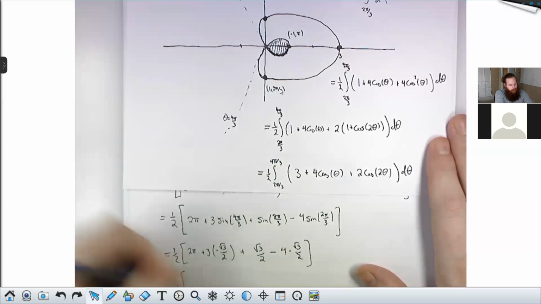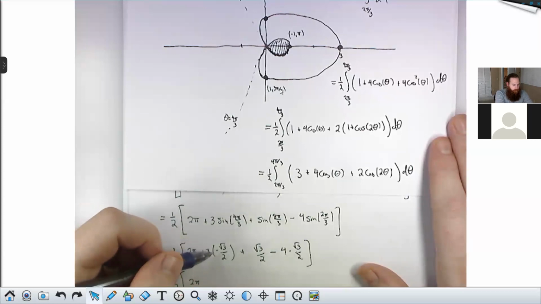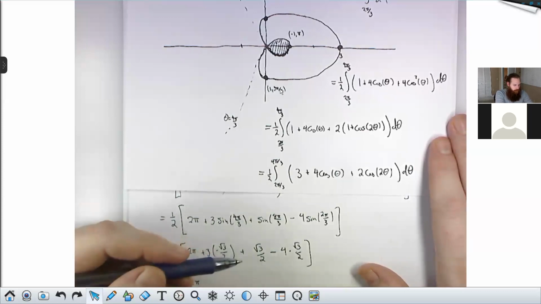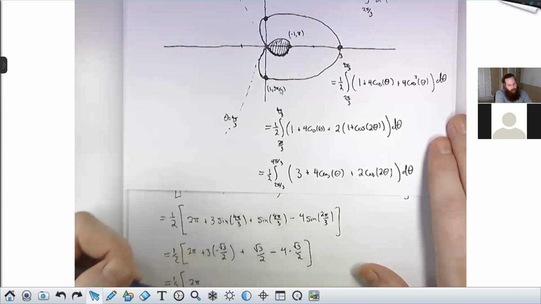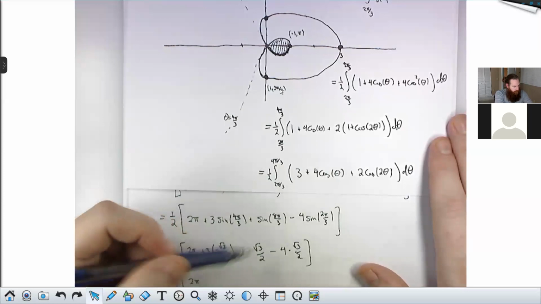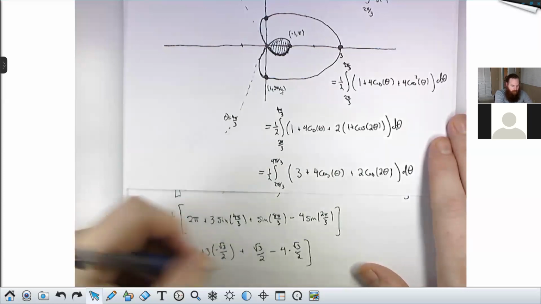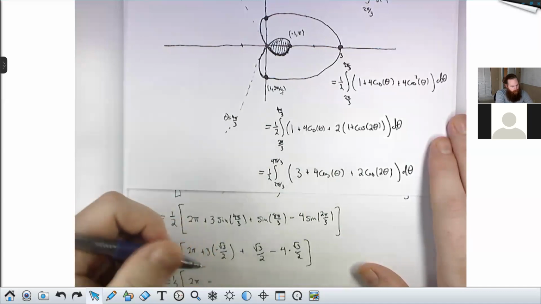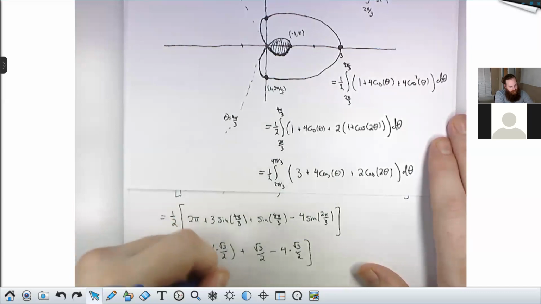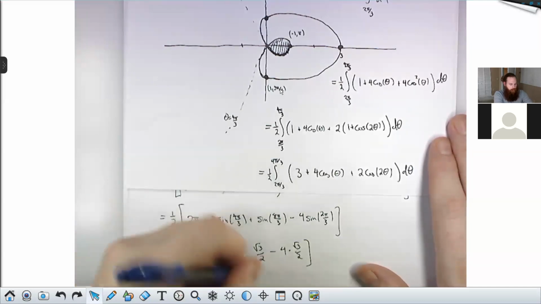1/2 2 pi. And then I've got minus 3 plus 1 is minus 2. Minus 4. So what will we have here? Negative 1, negative 7 plus 1, negative 6 of those. Am I doing that right? Minus 3 plus 1 is minus 2, minus 4 is minus 6 copies of root 3 over 2.